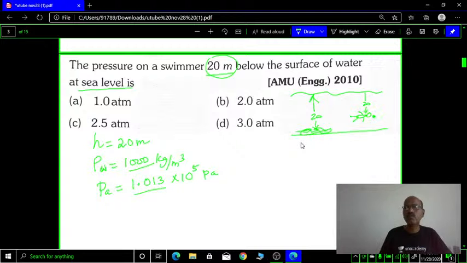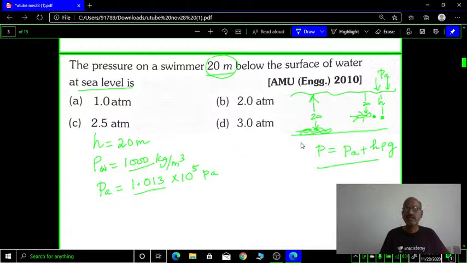Here the swimmer is swimming 20 meter below. At the top surface, atmospheric pressure is acting. This is depth H. At this point, the total net pressure equals atmospheric pressure plus the pressure exerted by the liquid column, H rho g.